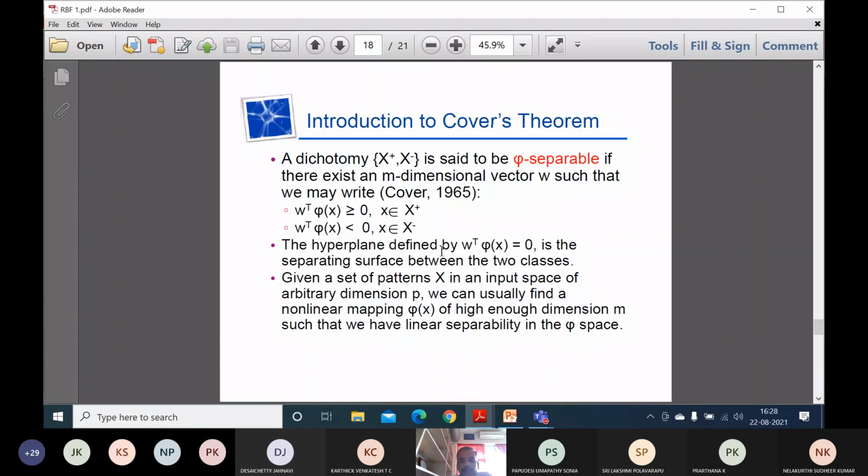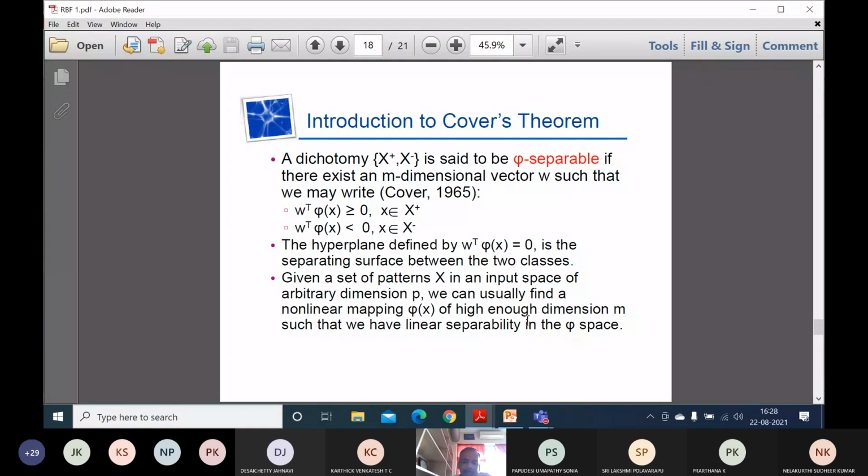The hyperplane is defined by W transpose psi of x equal to 0, which is the line or plane separating the surface between the two classes.